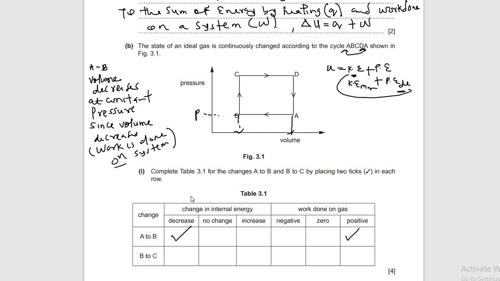That's the key. B to C. Let's check it. Oh, let me erase this. Look at B to C on the screen. When you check B to C, pressure is increasing. Let me label it back so you guys will know.